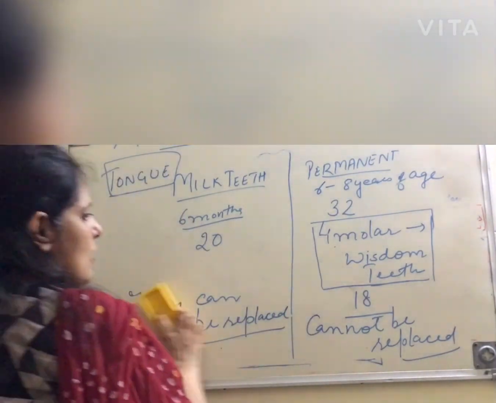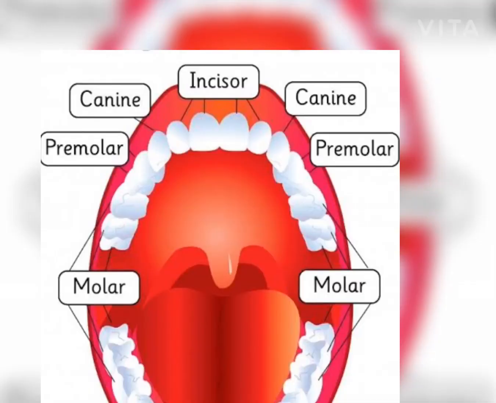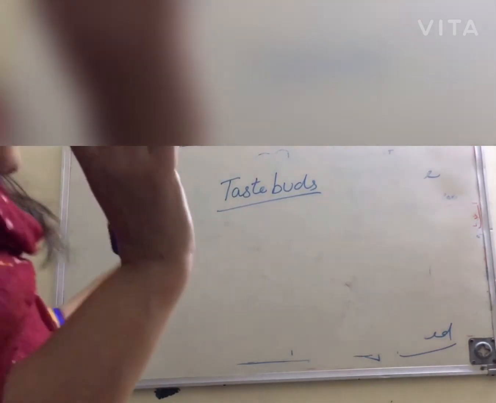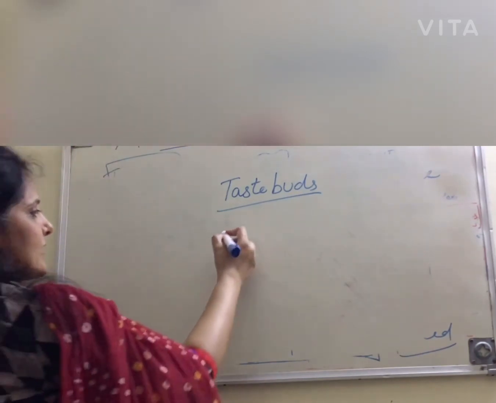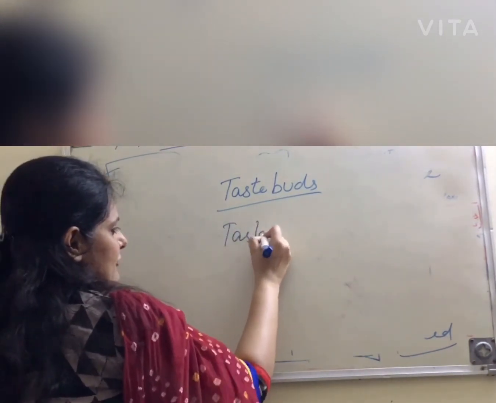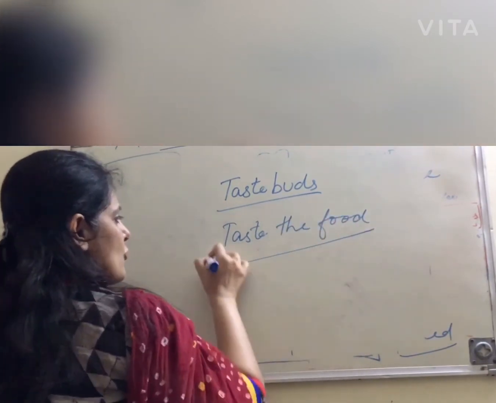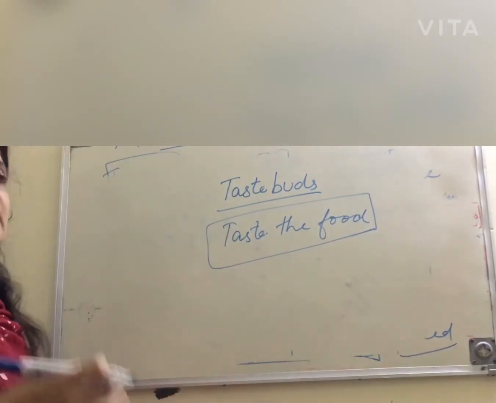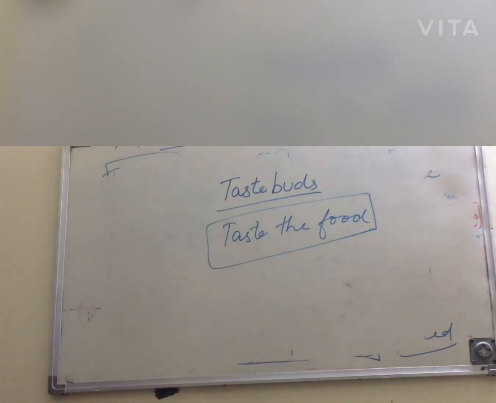It is a fleshy muscular structure which has taste buds. Its main function is that it helps to taste the food. When we are eating food, we say that it is sour, sweet, or salty. That is because of the taste buds present on the tongue.